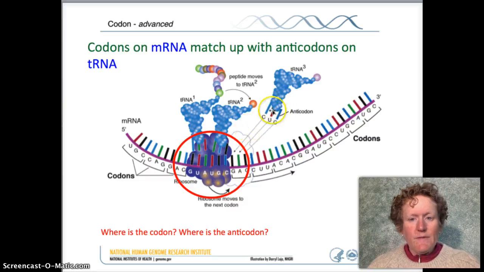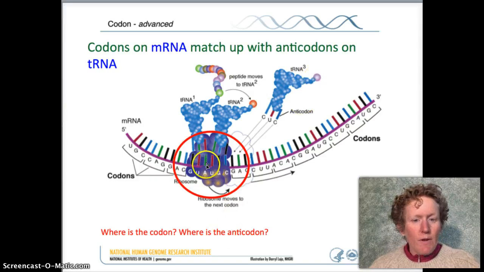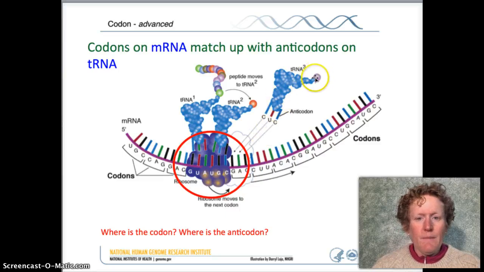And every kind of tRNA here has a different anticodon. And that anticodon determines what amino acid is going to be attached here. Remember the code lies in the order of the bases. Each group of 3 bases determines what amino acid is going to come in next to this polypeptide chain that's eventually going to get bigger and be a protein.